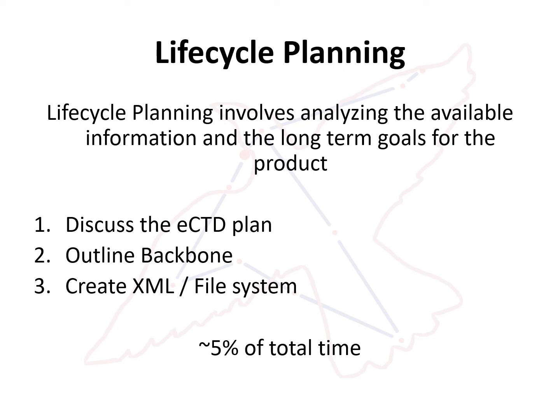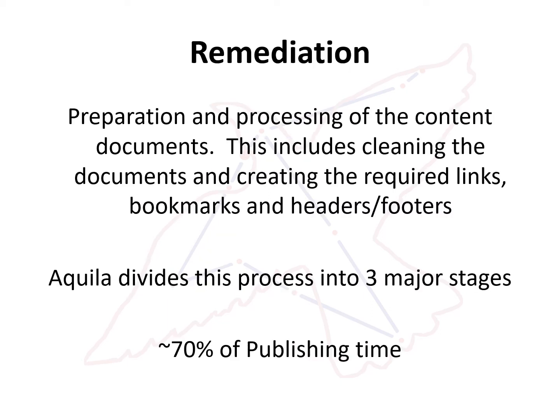All of this is determined in your eCTD plan. Next, using the plan, you create an outline of the backbone. Aquila usually uses an Excel file, however, there are a variety of techniques you can use. Finally, we use the outline to create the XML and file system for the final eCTD.